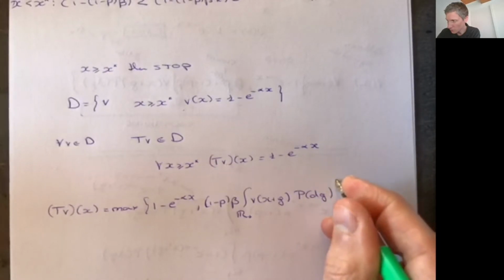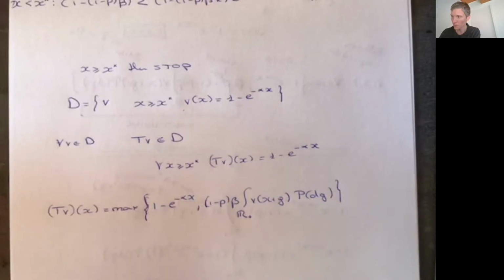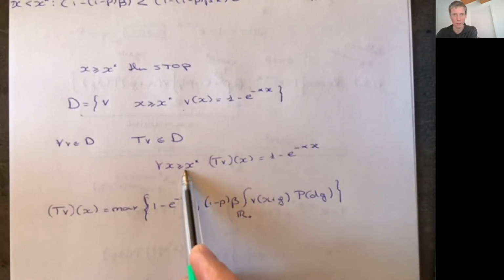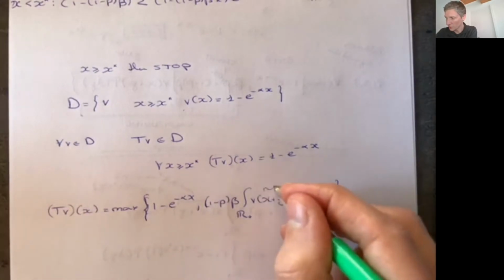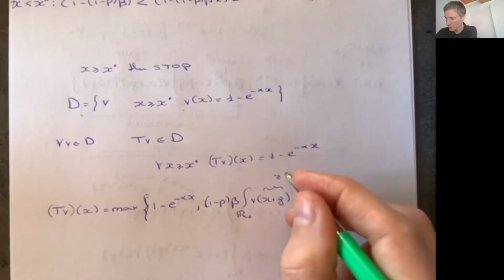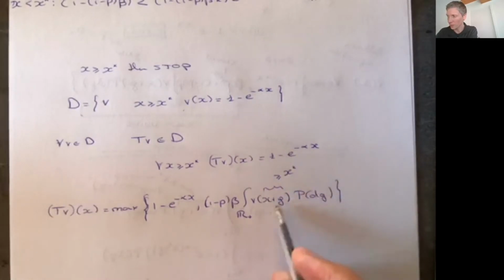Okay, so this is the Bellman operator. The Bellman operator is like the Bellman equation, but instead of putting v here, you put the operator. So I know that v is in D. I know that x is bigger than x star, so x plus g is bigger than x star, because you're adding a non-negative number here.